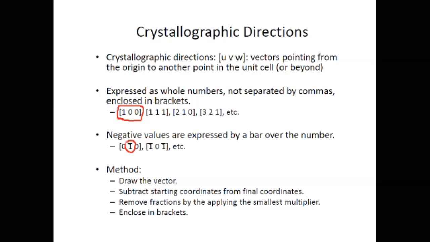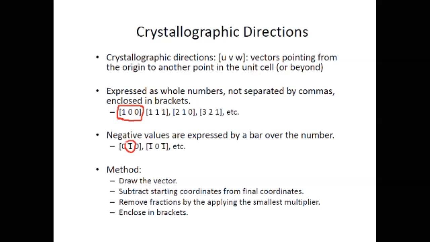So the way you determine the vector coordinates is you draw the vector and you just subtract the starting coordinates from the final coordinates. Now, if your starting coordinates are the origin, then the vector would just be the final coordinates.